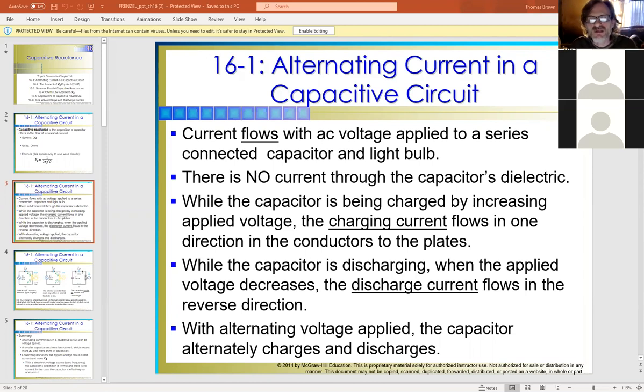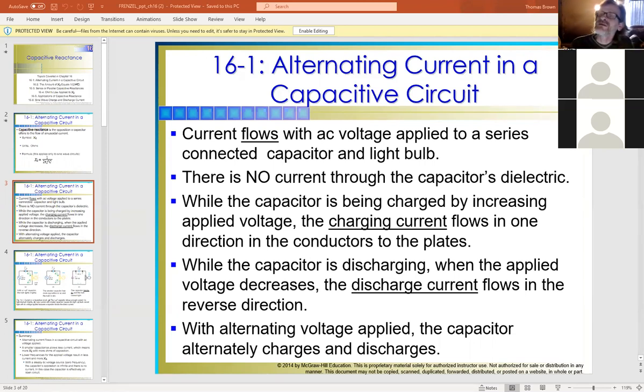Essentially, what we're going to start looking at is what occurs to both voltage and current while the capacitor is charging. Now you notice with DC, it only does one thing. It merely charges up, and unless we provided some means for discharge, it would literally sit there at the charge potential and do nothing.